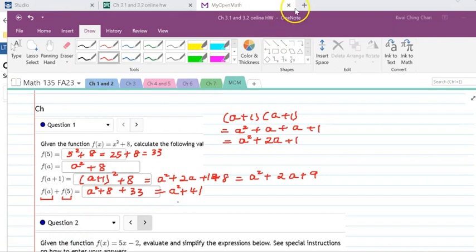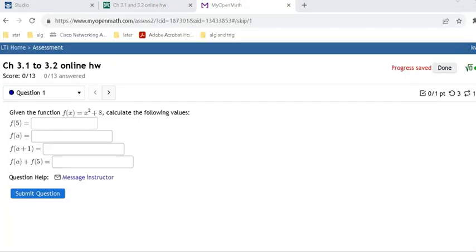Then I can switch back. How come this one is not working? Oh gosh, what's going on?